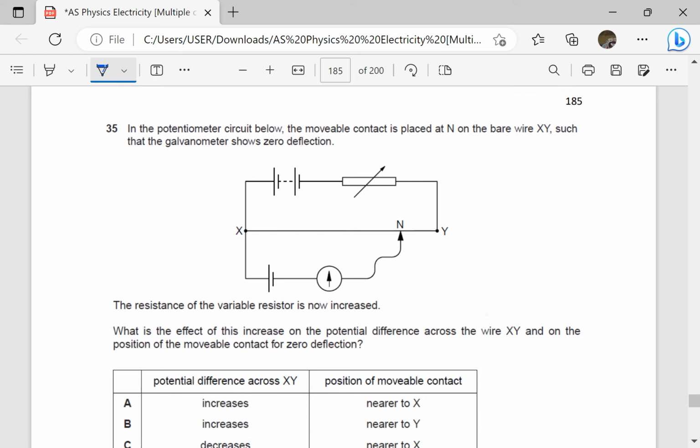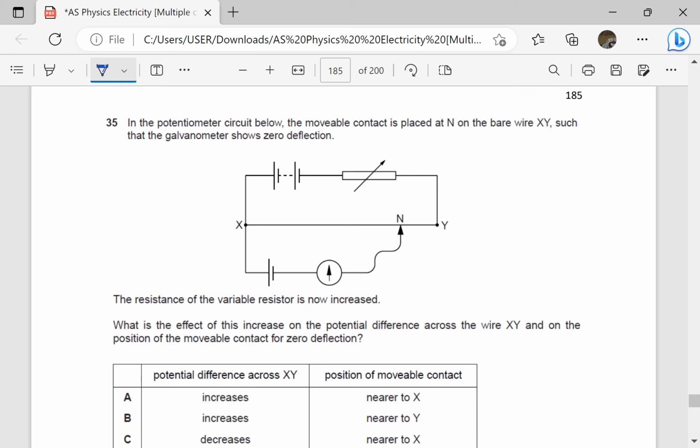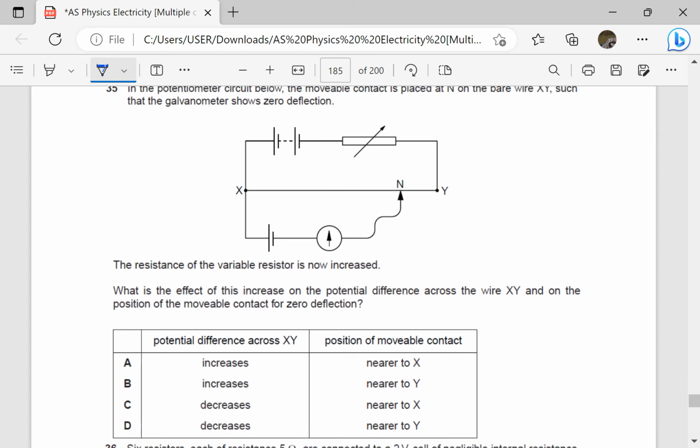In the potentiometer circuit below, the movable contact is placed at N on the bare wire XY such that the galvanometer shows zero deflection. The resistance of the variable resistor is now increased. So resistance here increases.